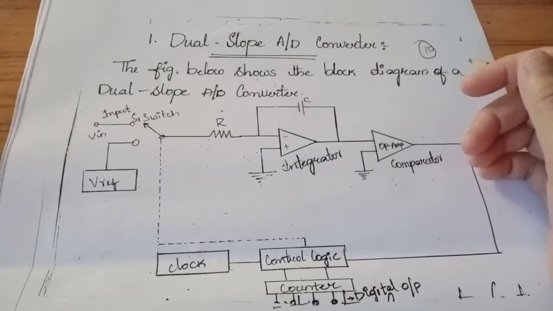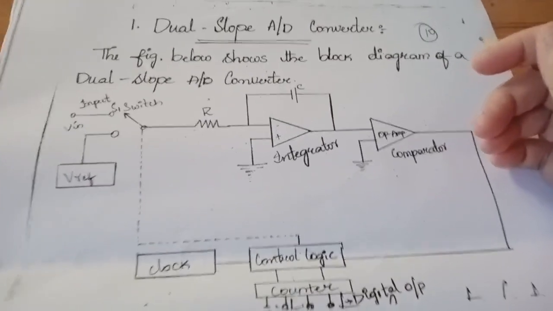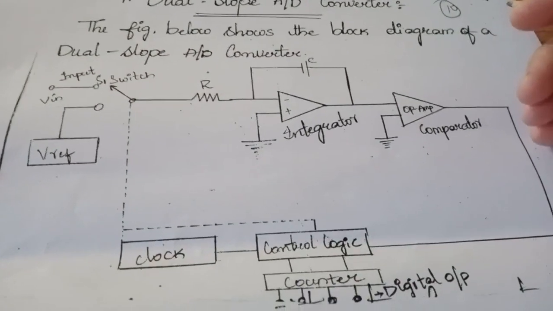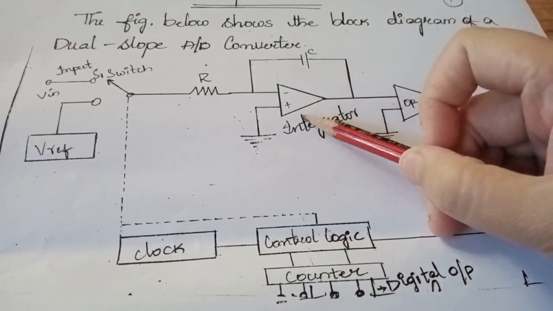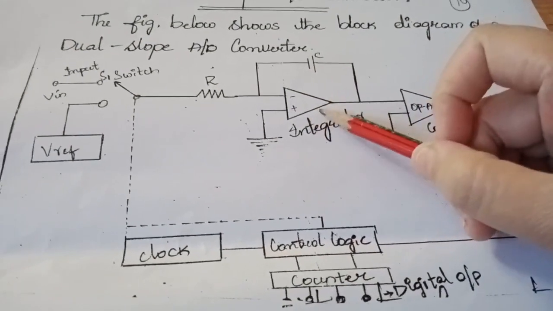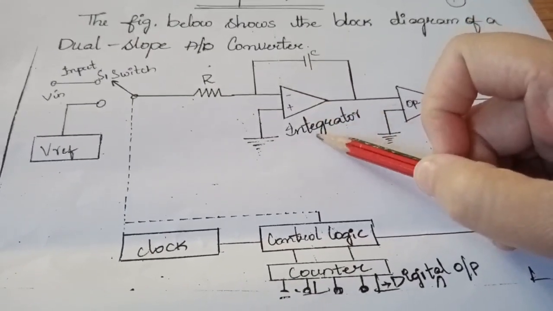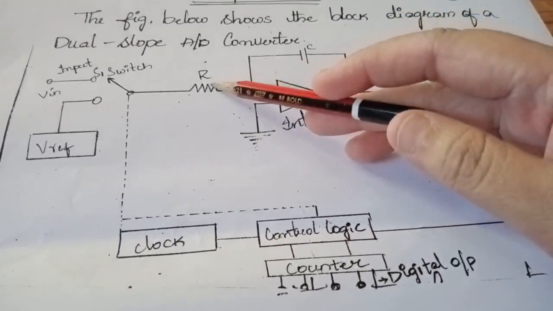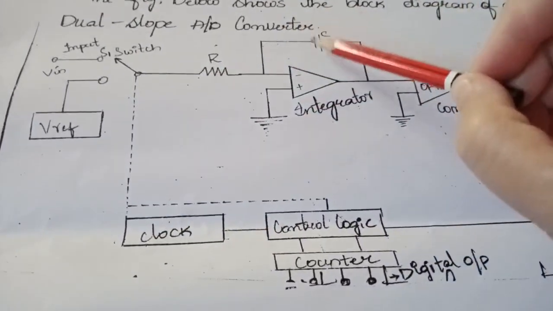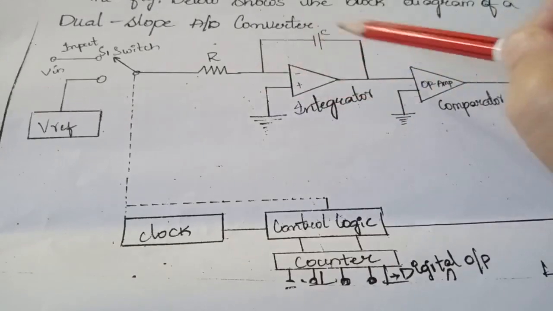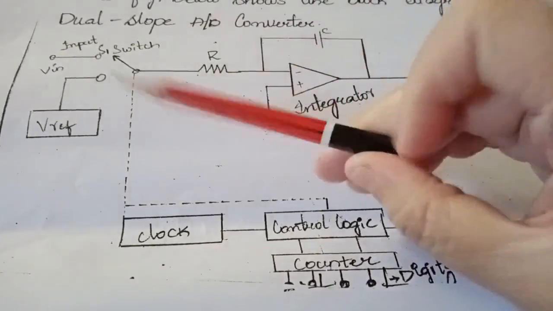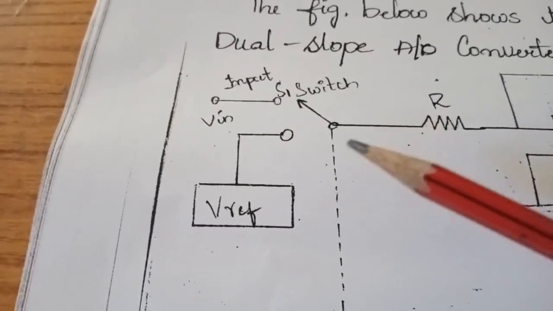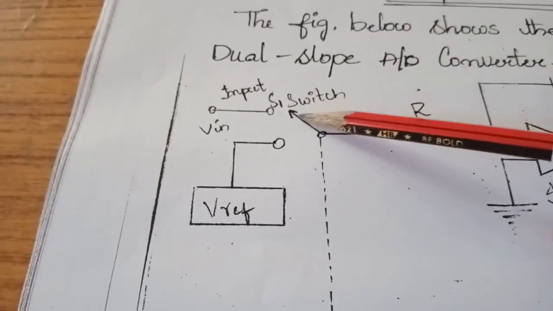Now you can see the dual slope A to D converter block diagram. You can see here again an op-amp. The op-amp is connected in which form? Integrator form, because this is the input resistor and the capacitor is connected in feedback from output to input. And this is nothing but a switch.